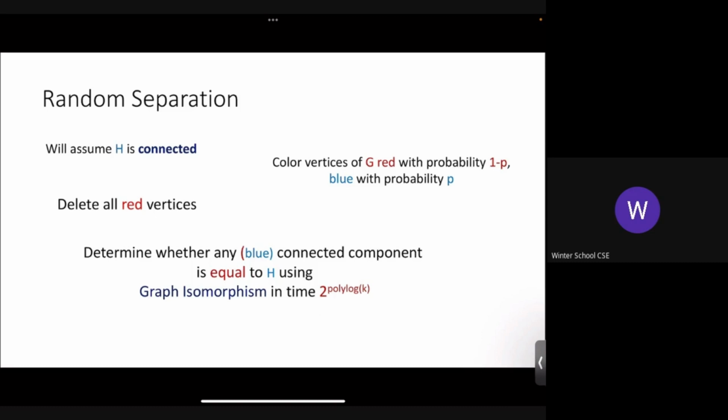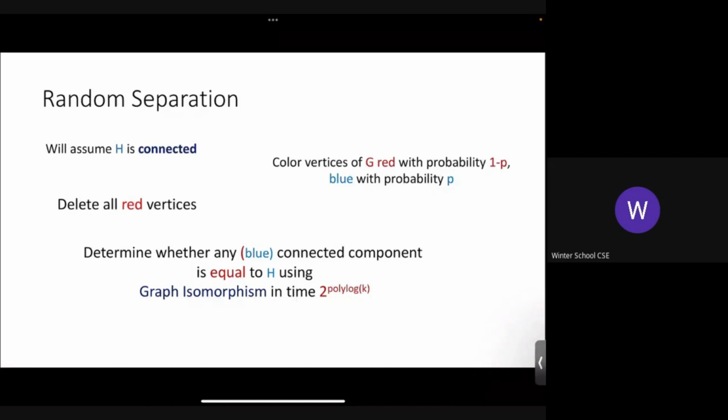I look at every blue component, and I check if this blue component is isomorphic to graph H by using a graph isomorphism algorithm.